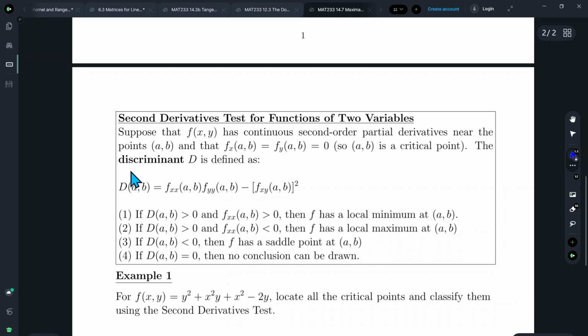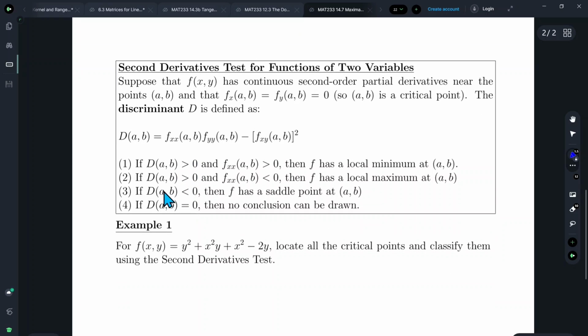We calculate the discriminant for each of the critical points, and depending on whether the discriminant is positive or negative, that'll help us classify whether we have a local minimum, a local maximum, or a saddle point. In the odd case where the discriminant is equal to 0, no conclusion can be drawn.